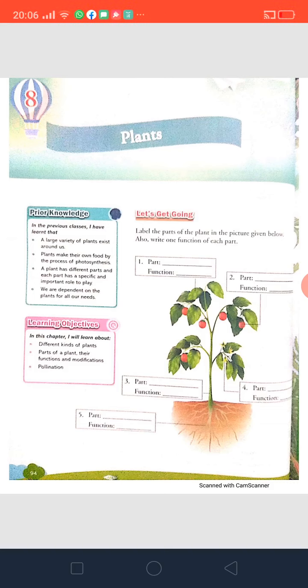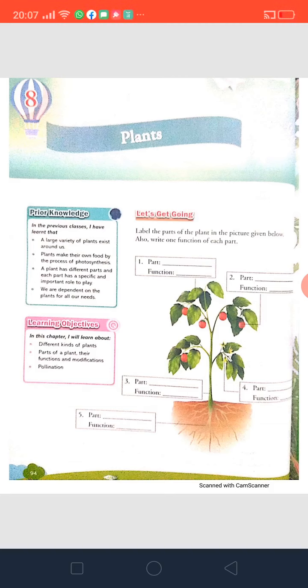And another function of the stem is that stem absorbs water from the root and transfers it to all parts of the plant. Yes, now keep your finger on part number 4, and what is shown here?